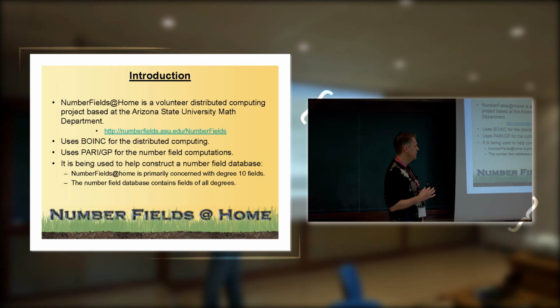It's primarily concerned with degree 10 fields, which are very computationally intensive, which is why we use distributed computing. The actual number field database contains fields of all degrees up to 11, so it's really big, and the distributed part is just degree 10.